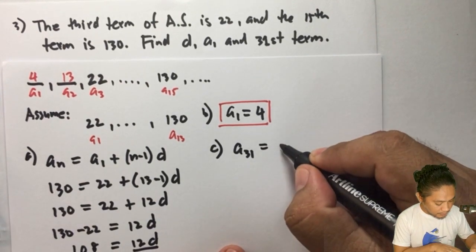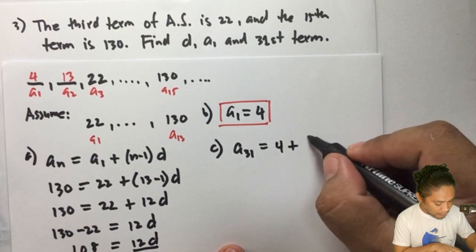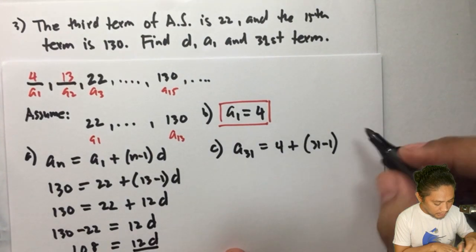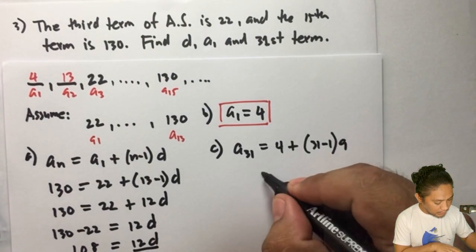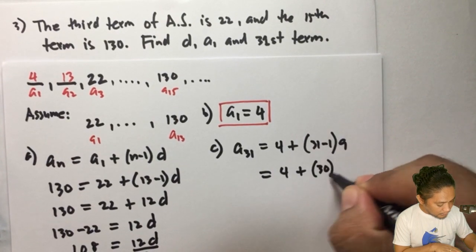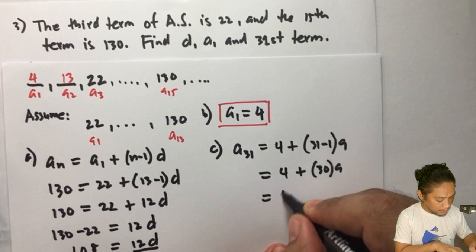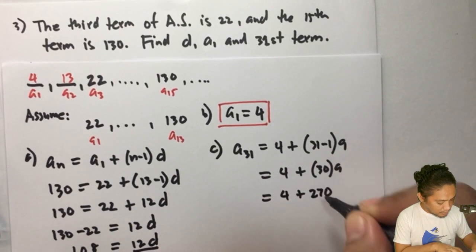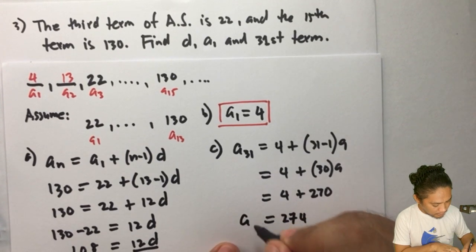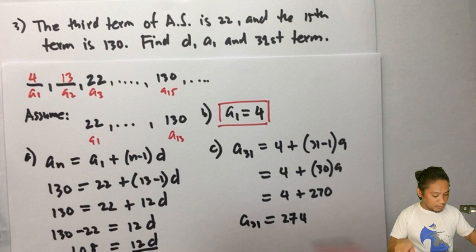So the first term is of course 4, and the n there is 31 minus 1, and our d is already determined, which is 9. So our 31st term is 30 times 9, which is 270, and 270 plus 4 is 274. So this is our 31st term of the sequence.